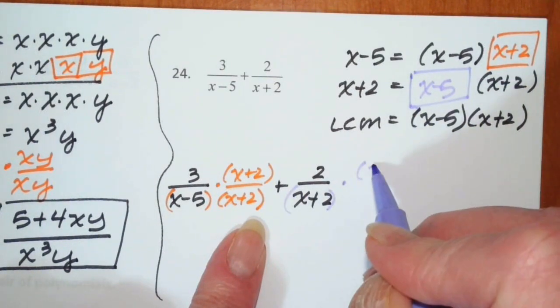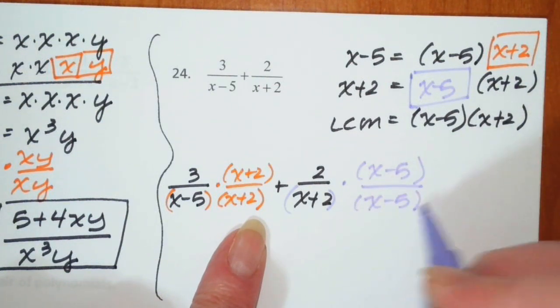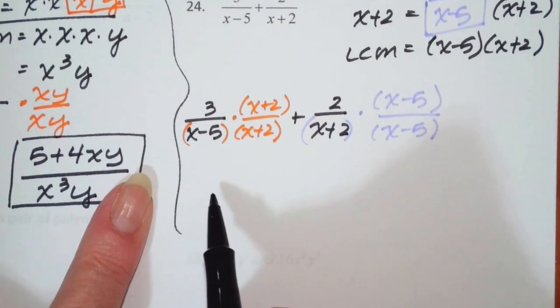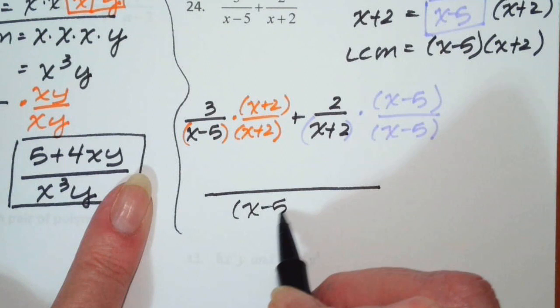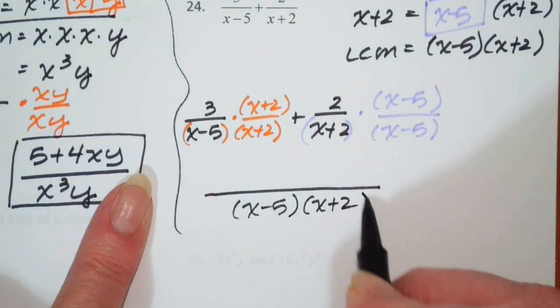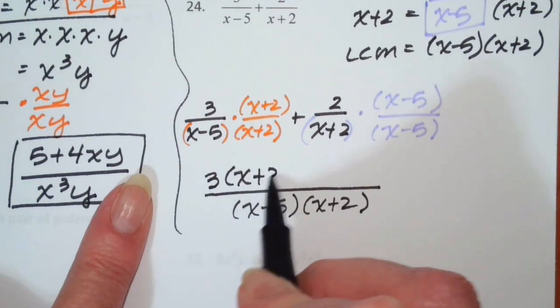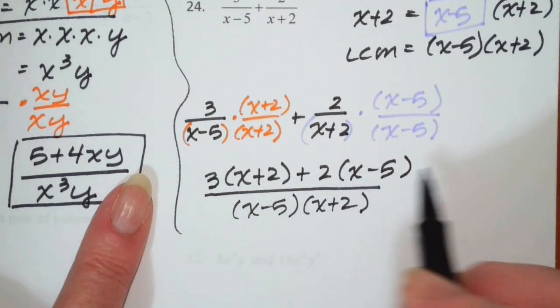So I'm going to have to multiply this by x minus 5 divided by x minus 5. Okay, so now I have a common denominator of x minus 5 times x plus 2. And my numerator becomes 3 times x plus 2 plus 2 times x minus 5.